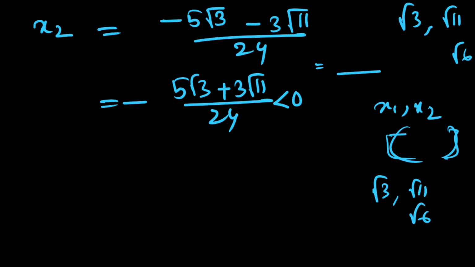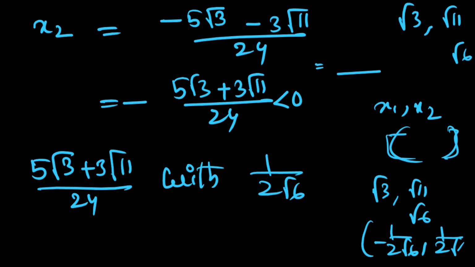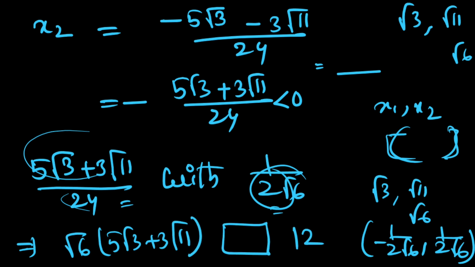Now we compare the value 5 root 3 plus 3 root 11 over 24 with 1 over 2 root 6, because our interval is minus 1 over 2 root 6 to 1 over 2 root 6. We cross multiply: if we multiply by root 6, we want to check whether 5 root 3 plus 3 root 11 is less than or greater than 12.